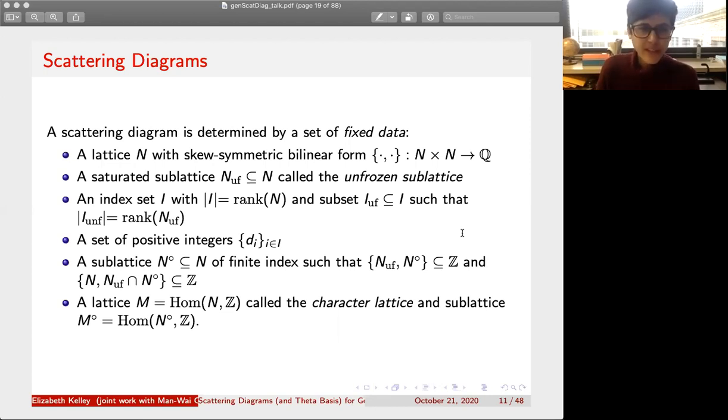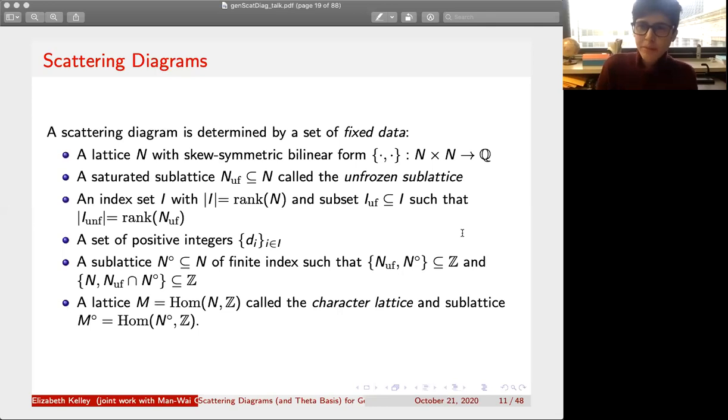And then there's a dual lattice, M, and both lattices, N and M, have sublattices. And our diagram is going to live in the sublattice of M. And you really don't need to dig into this lattice structure for the talk. It actually takes a little bit of time to absorb.